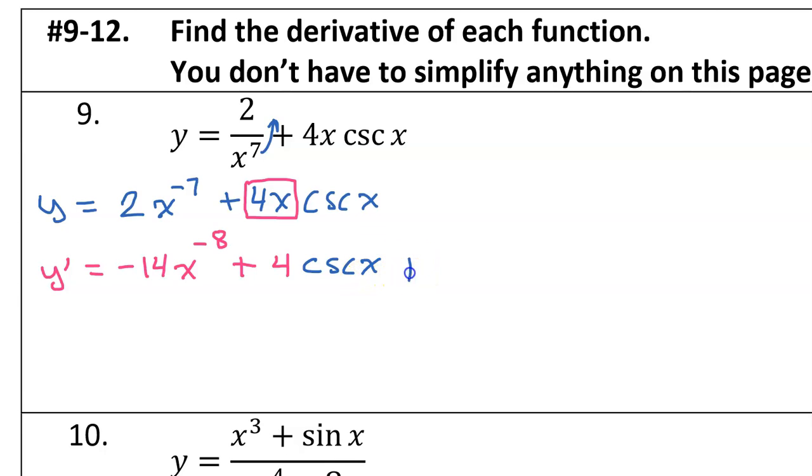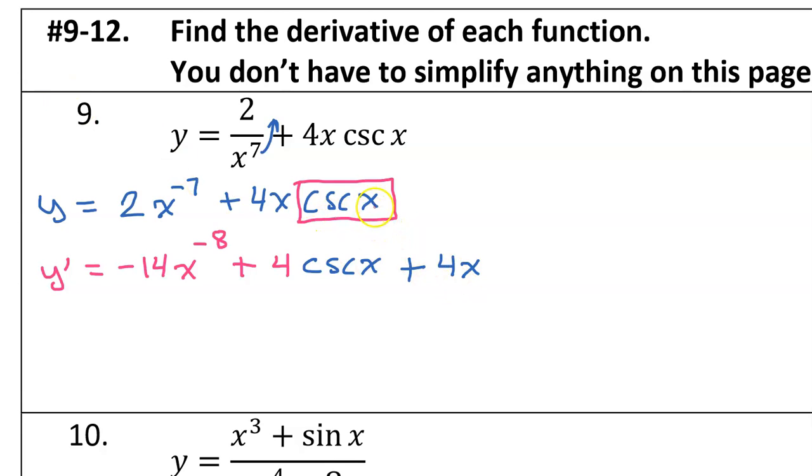And then I do a plus, and then I come at it a second time. But the second time through, I leave the first factor alone, and I take the derivative of the second factor. So leaving the first factor alone, I'm just going to have my 4x, and now I'm going to take the derivative of the second factor.